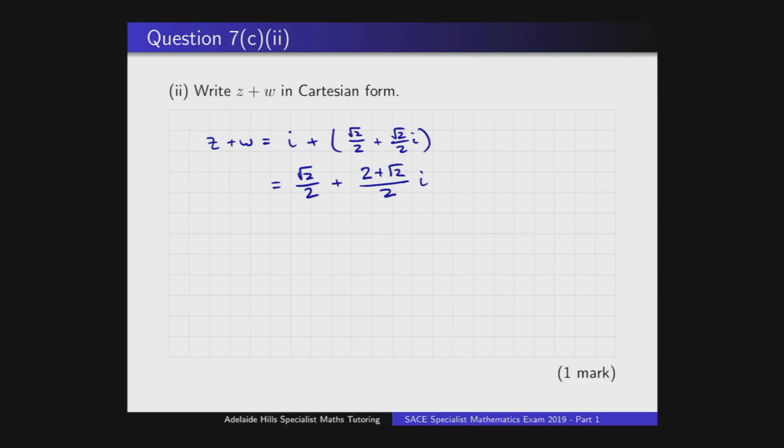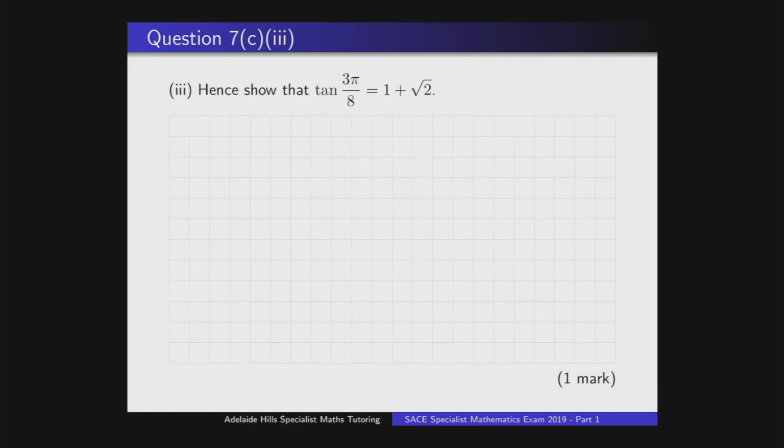Now the final part, part C, part 3, is to show that tan of 3 pi over 8 is equal to 1 plus the square root of 2. The way we do that is by considering the arg of z plus w, because that's equal to 3 pi over 8. The arg of z plus w is arctan, or tan to the minus 1, of the imaginary part divided by the real part.